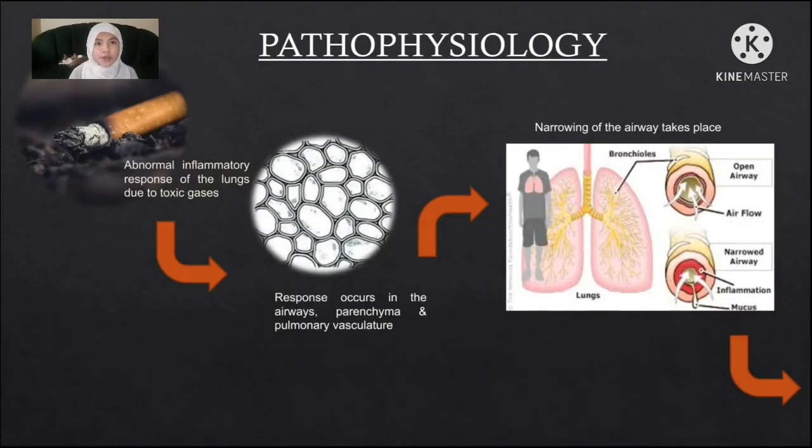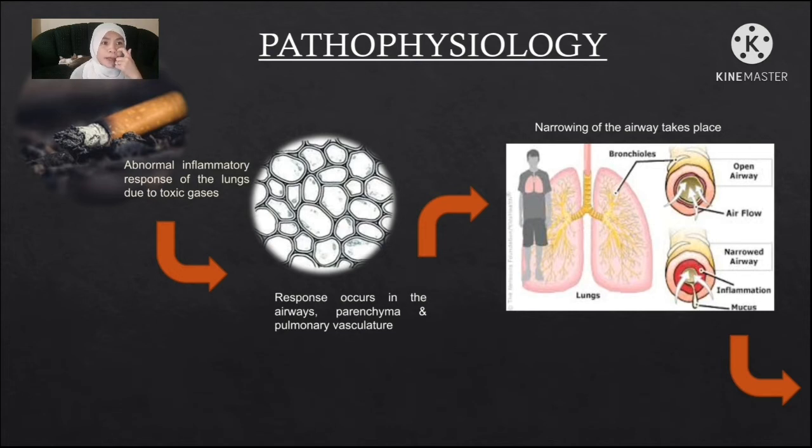Now for the pathophysiology: the abnormal inflammatory response of the lungs due to toxic gases like cigarettes, chemical gases, air pollution, and others. The response will happen in the airways, the parenchyma, and the pulmonary vasculature.